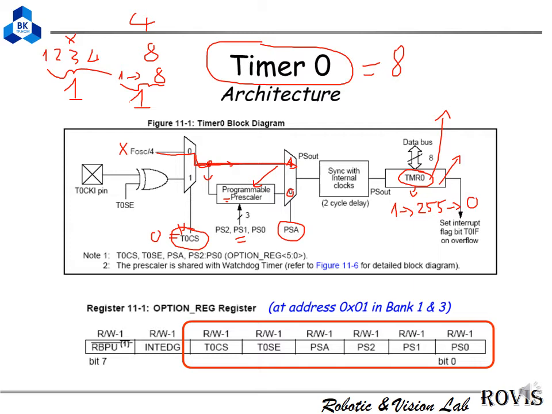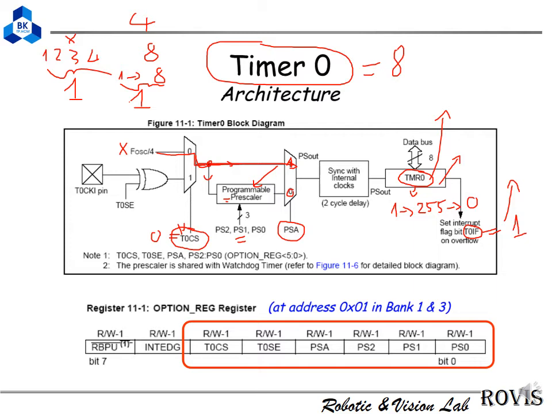And when it goes from 255 to 0, it will set the bit T0IF. So when the timer goes from 255 to 0, this bit will be set to 1. This one is for the interrupt. So what is the interrupt?